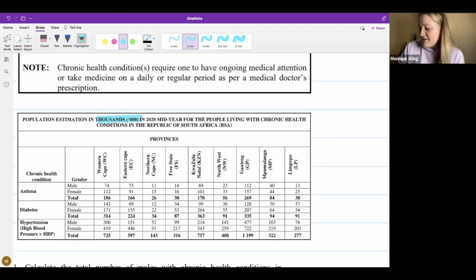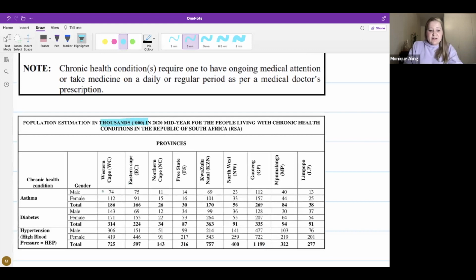If we look at the first one, this number 74 here, instead of writing out 74,000, they've just written 74. But because they said in the heading it's in thousands, we can read that 74 as 74,000 people, 74,000 males in the Western Cape have asthma.